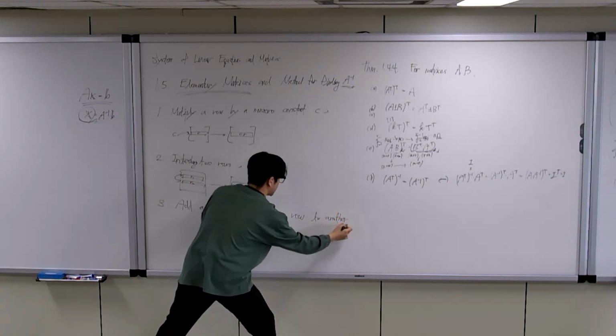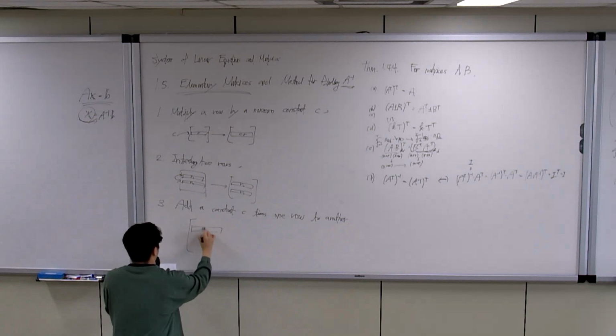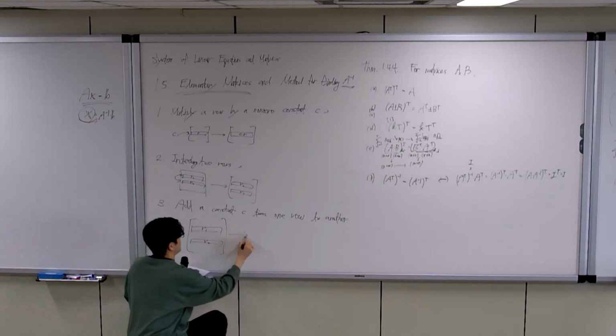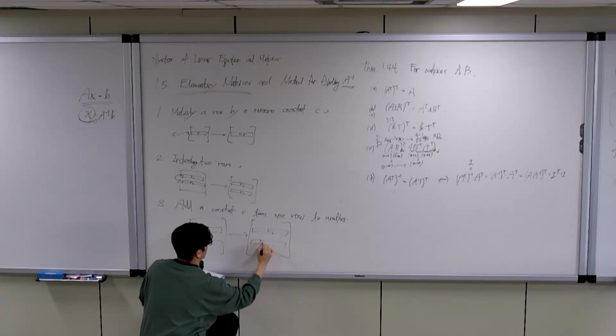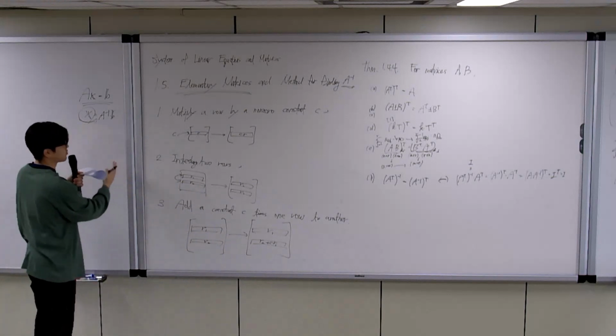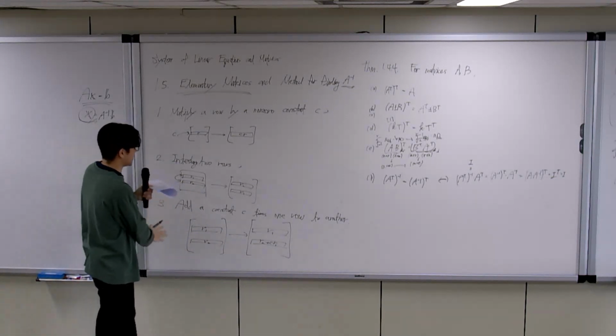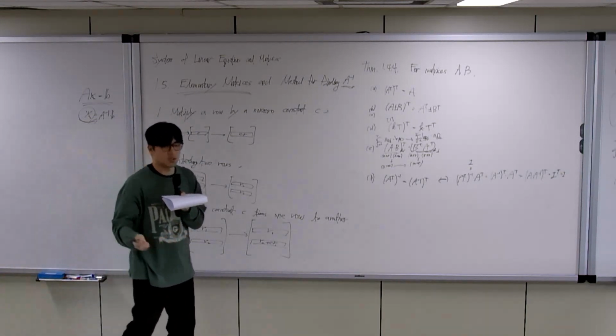That is, if we have R1 and R2, we replace R2 by R2 plus C times R1, and it has the same solution. So these three operations do not change the solution set.